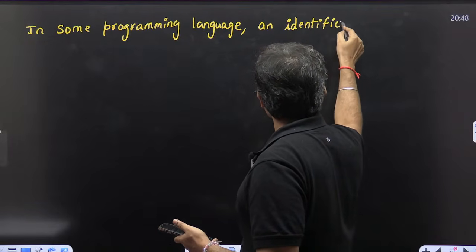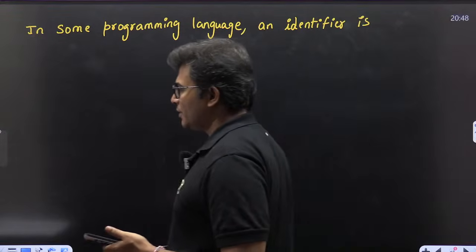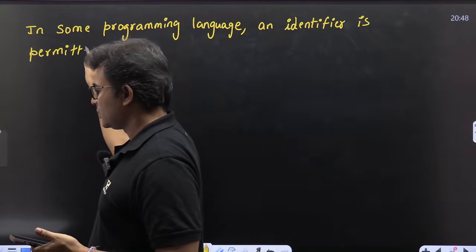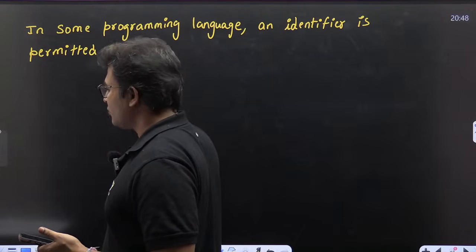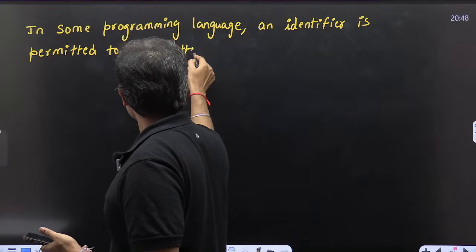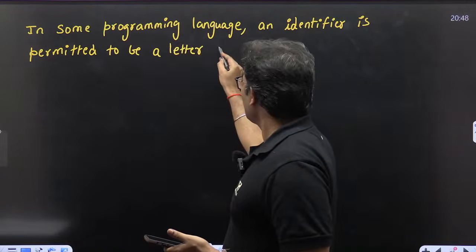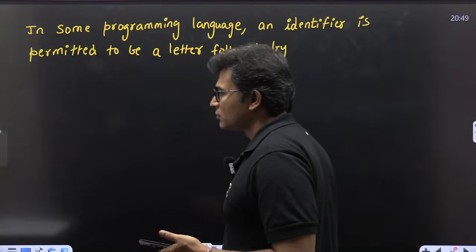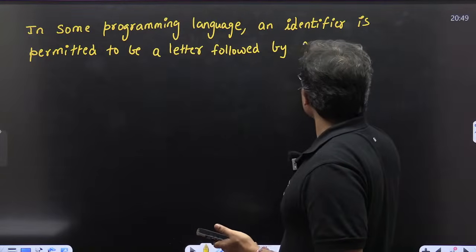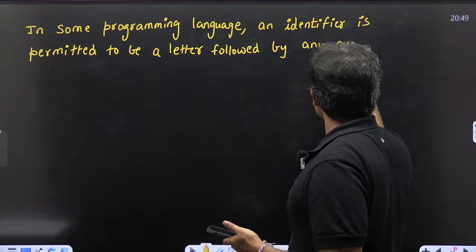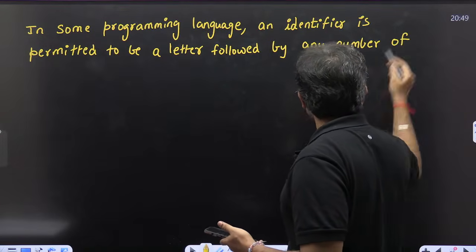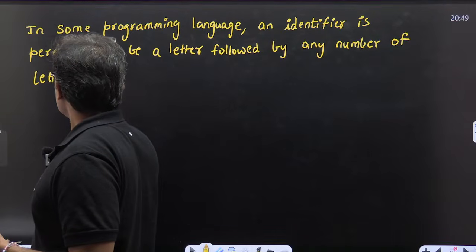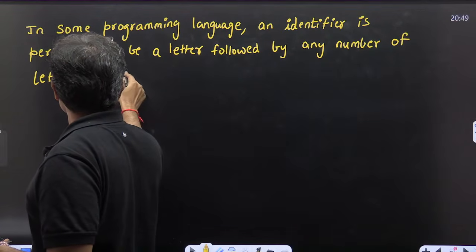An identifier is permitted to be a letter followed by any number of letters or digits.